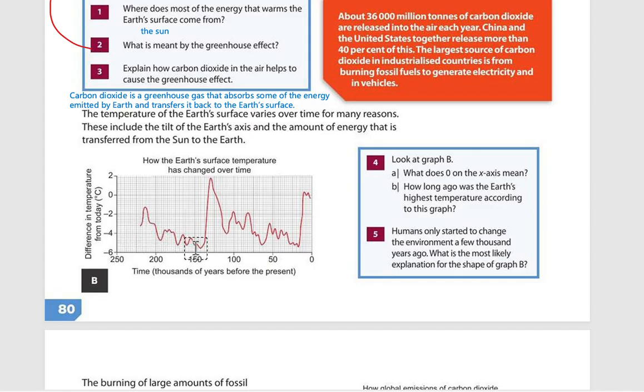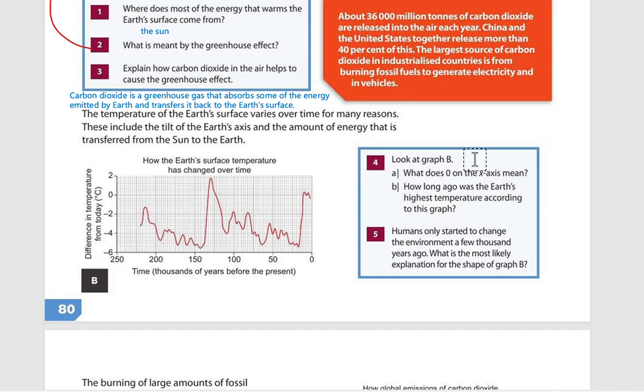Now can you see how the temperature has gone to a peak and again gone down, and now it is above this level. This is the present. This is the time thousands of years before the present. So this is 50,000 years ago, 100,000 years ago, 150,000 years ago, 200,000 years ago.